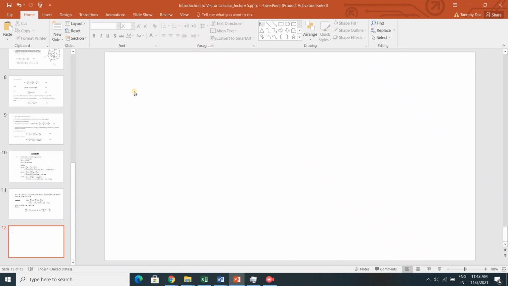Before I discuss the problem, I just want to revise once again the gradient concept. Delta is nothing but the del operator. The del operator is applied on a scalar. V is a scalar, so we get a vector. When a del operator is applied on a scalar, we get a vector, and the del operator can be applied on vectors also, scalars also.